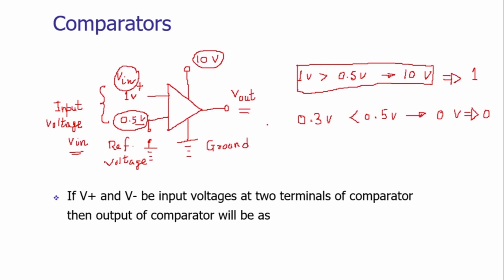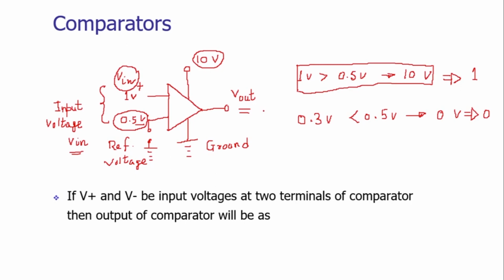So if we consider the inverting terminal as the reference voltage with a certain fixed voltage value, and if we apply the values which are coming from the sensors or the signal modulating blocks at the non-inverting terminal continuously, then we can generate the outputs accordingly.